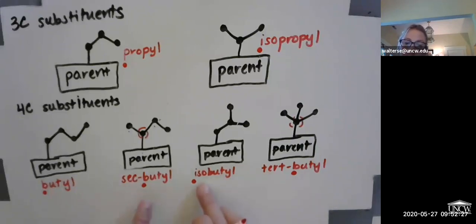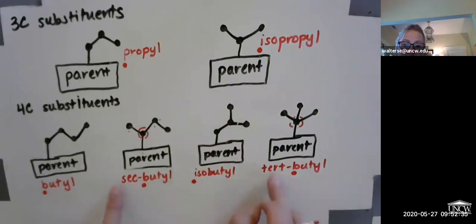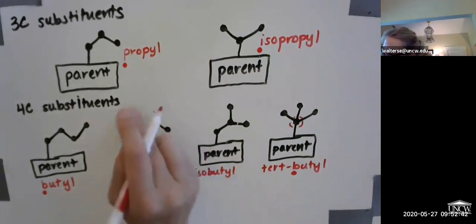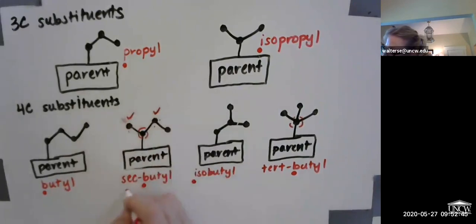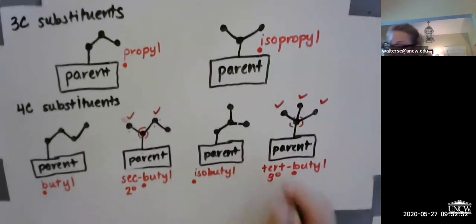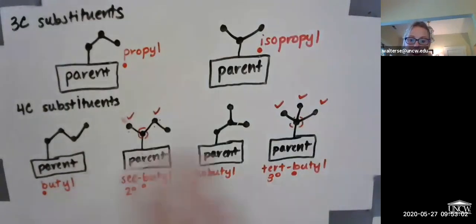Iso is an old name to discriminate the bonding pattern, so it's part of the actual name. It's not related to a number. So this carbon, like I said, is bonded to 1 carbon, 2 carbons, so that is secondary. This carbon, 1, 2, 3, tertiary. And like I said, I would flashcard all 6 of these.